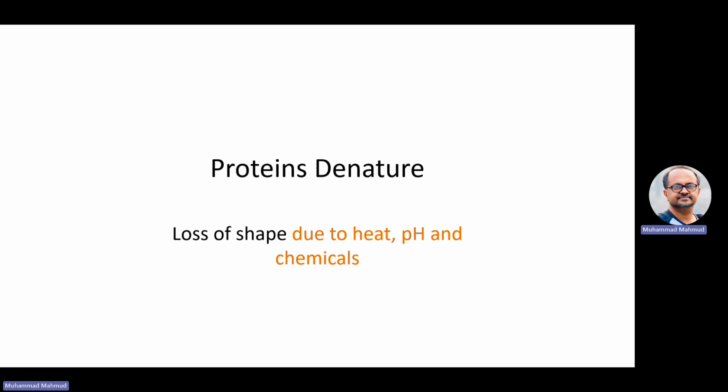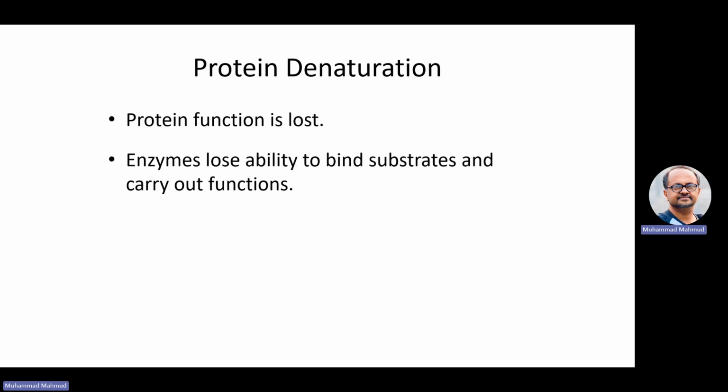All right, so the last point to note is protein denaturation. Denature, they lose their natural structure. They lose their shape due to heat, pH, or chemicals. Just think about the white part of the egg.